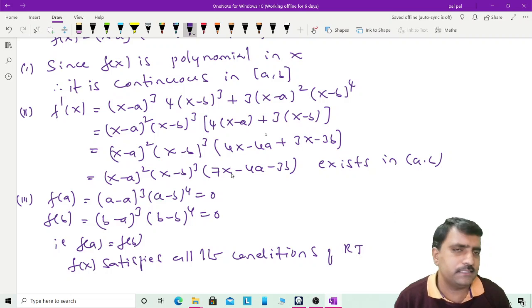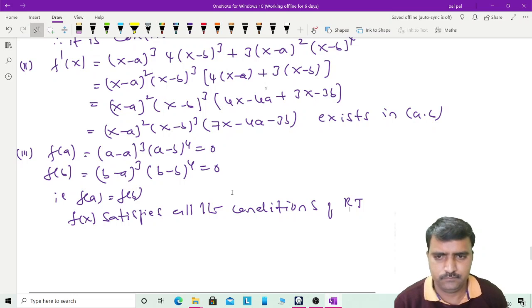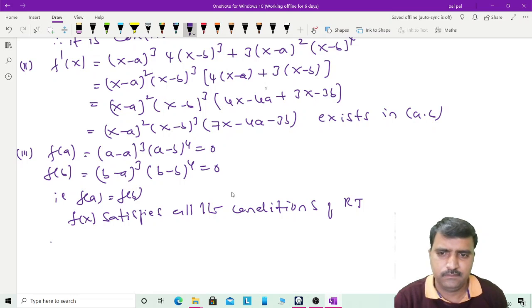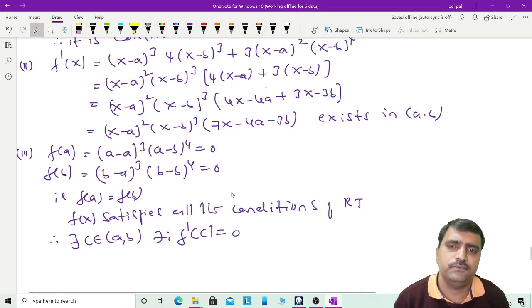Therefore, there exists at least one point c belonging to a b such that f dash of c is equal to 0. What is f dash of x? F dash of x is x minus a whole square into x minus b whole cube into 7x minus 4a minus 3b.